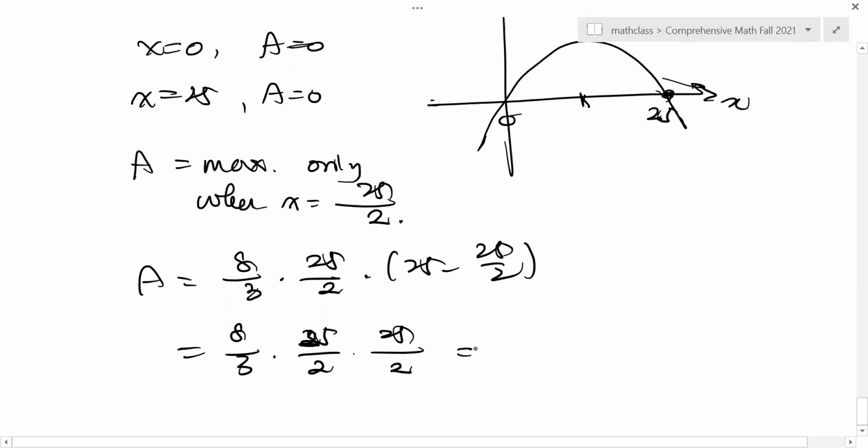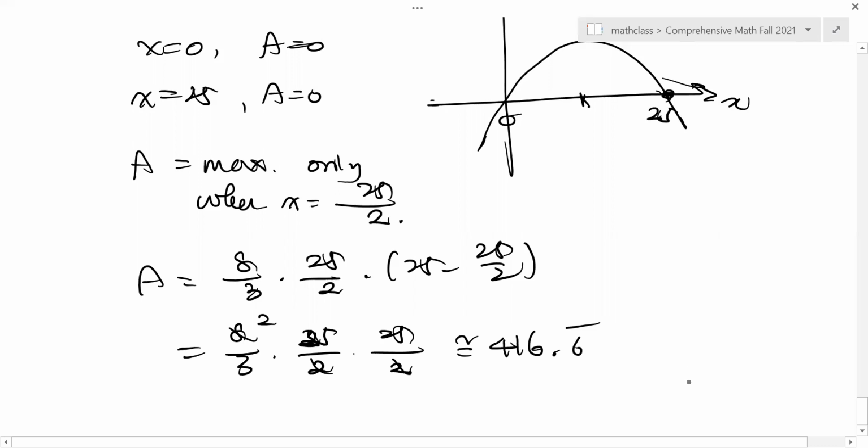The 2 cancels out, so it's 25 times 25 times 2 divided by 3. So it's about 416.6. This is bigger than 400.